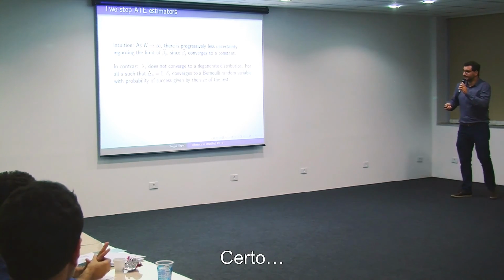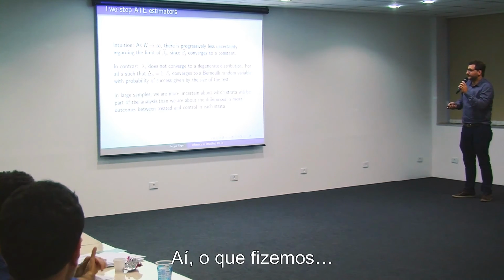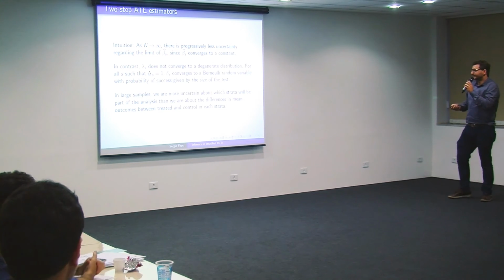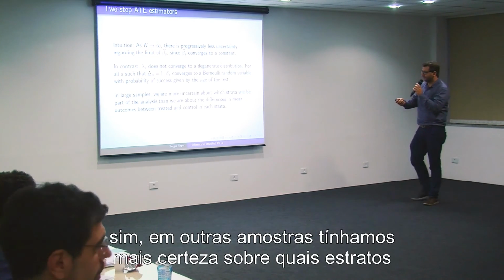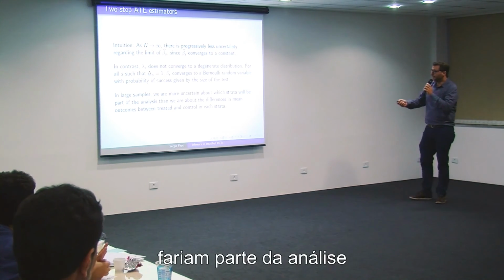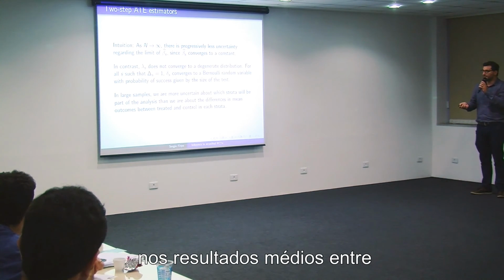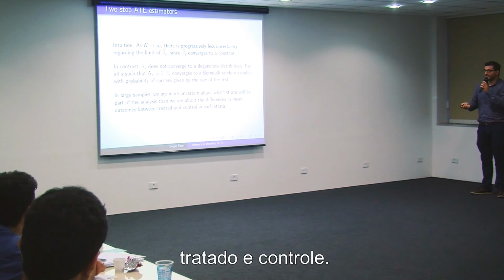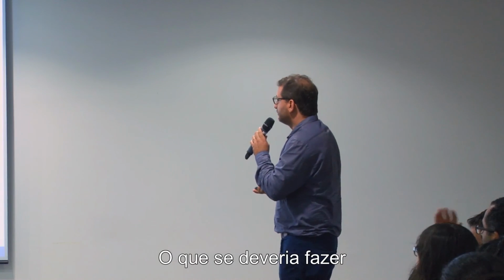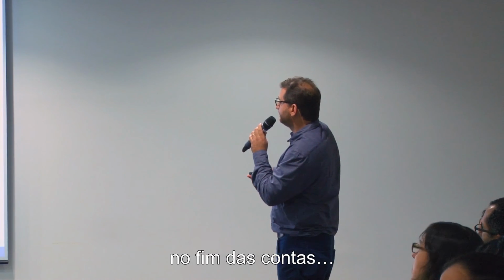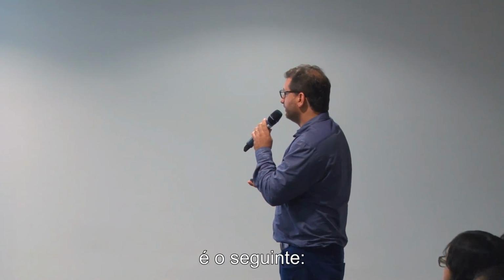So in large samples you're more uncertain about which strata will be part of the analysis than you are about the difference in mean outcomes between treated and control. What you should do in the end is the following.